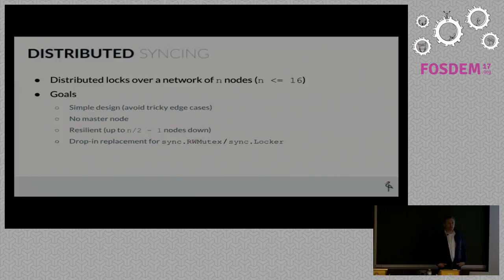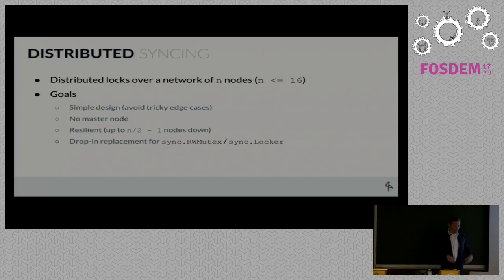It's also resilient in the sense that if multiple servers go down, the system just continues to function. Basically, up to a total of n/2 minus 1 servers can be down and you can continue to function. We also wanted it to be a drop-in replacement for the existing primitives in the Go language.